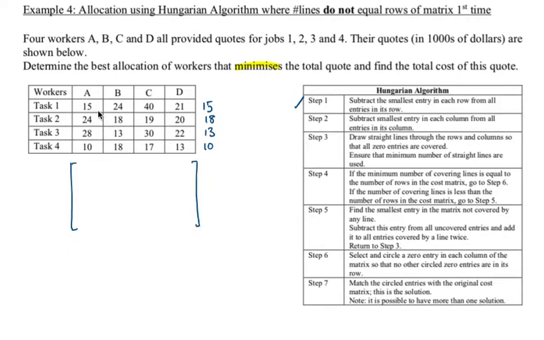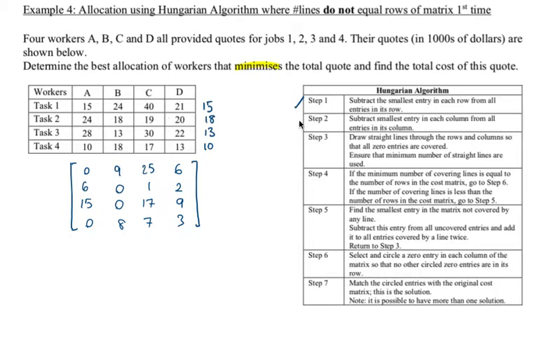We subtract away the minimums from each row. So now we've completed step 1, which I've already ticked.